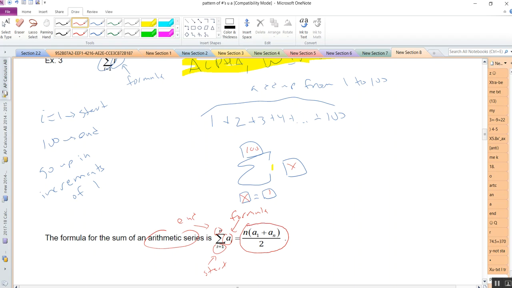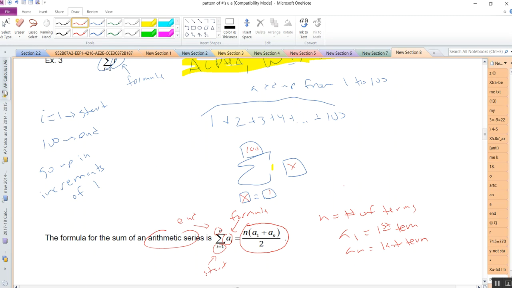And so n being the number of terms, a1 being the first term, an being the last term, and of course just divide by 2.